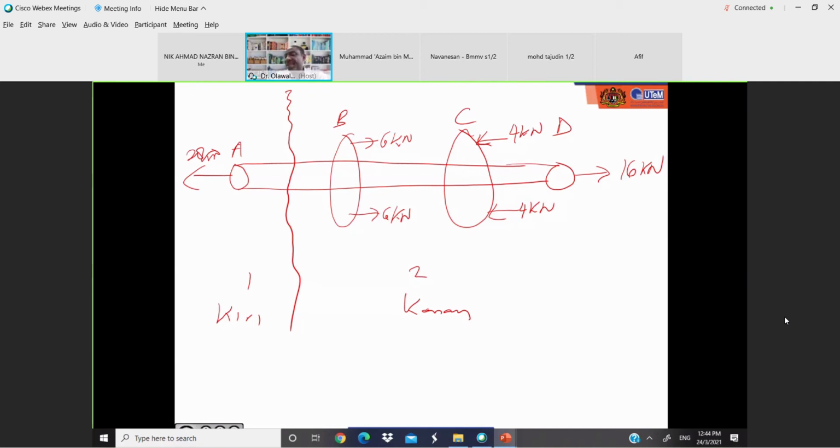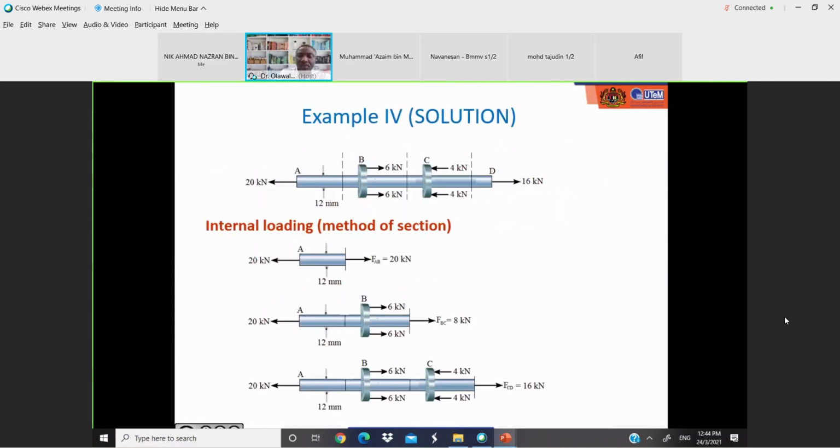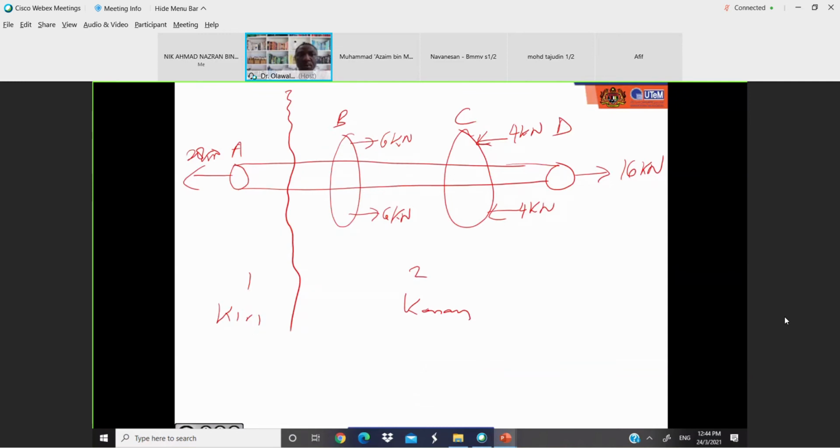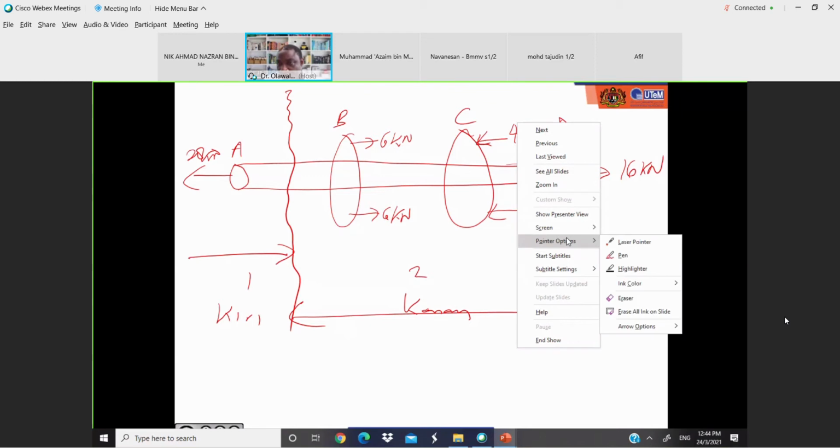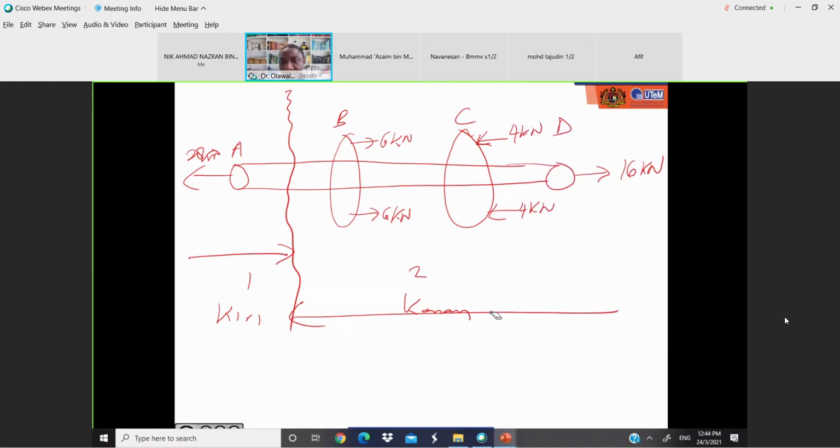You cannot start in the middle. You must start from here to here, or from here to here, because I know that gives students problems. I will explain this. I'm going to do AB, then you do BC and CD.